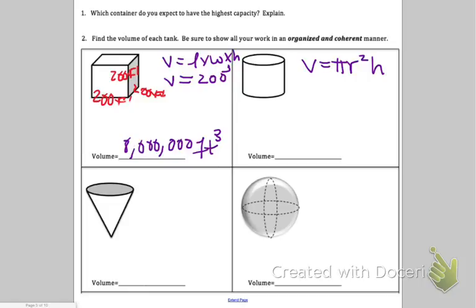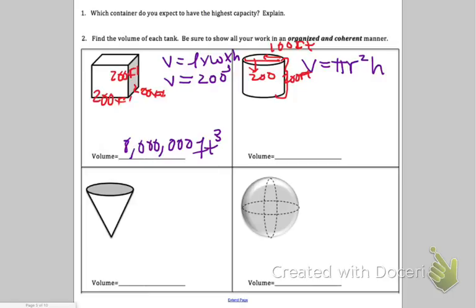If the diameter is 200, our radius, or half of that, would be 100 feet. And we're given a height of 200 feet.